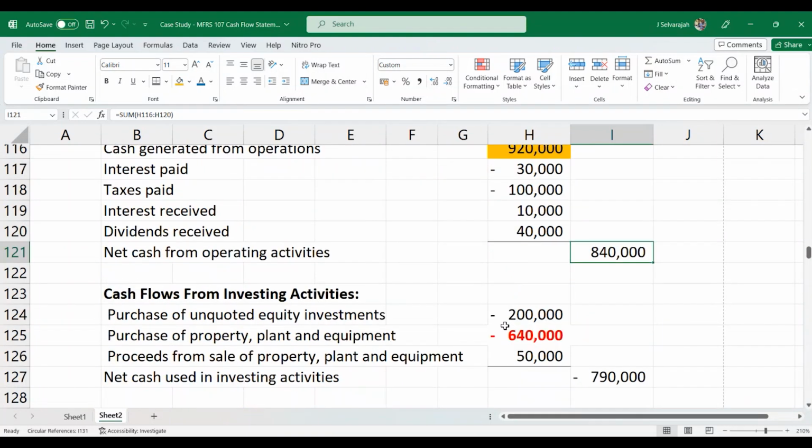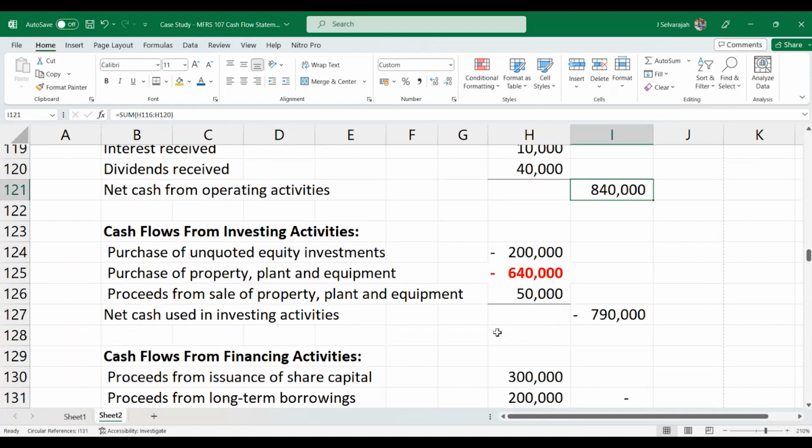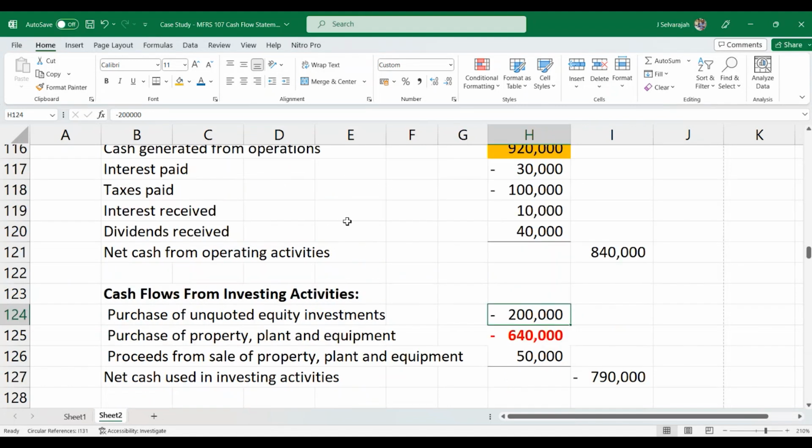Then you look at the cash flow from investing activity, purchase of quoted investments. Now the quoted investment generated revenue. If you are using that revenue in the form of dividends for your business, then you treat it as part of operating. That's why the dividend went inside here in operations.